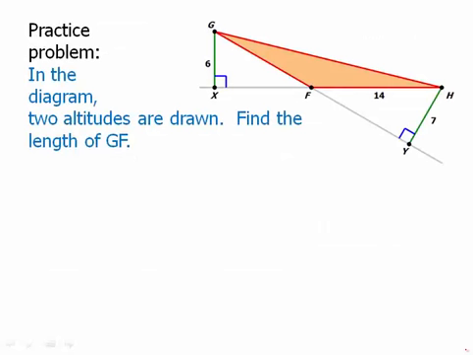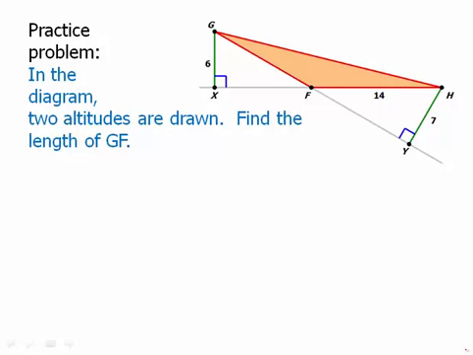Here's a practice problem. Pause the video and then we'll talk about this. Okay, in the diagram, two altitudes are drawn, and we want the length of the base GF. Well, let's see. We have the altitude GX, which has a length of 6, and that's drawn to the line on which FH lies.